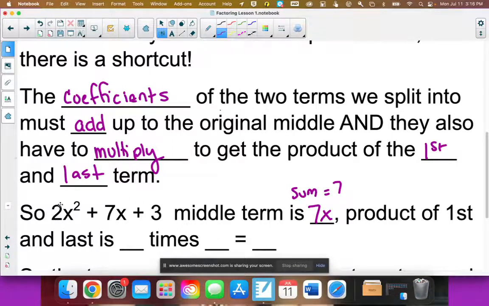So again, we're looking at the coefficients. So that's my first term, and that's my last term. So my product, 2 times 3, is 6. Okay, so I need to come up with 2 numbers, 2 terms, that if you add them together, you get 7. And if you multiply them, product means multiply, you get 6.